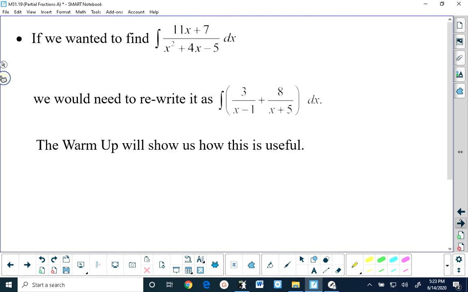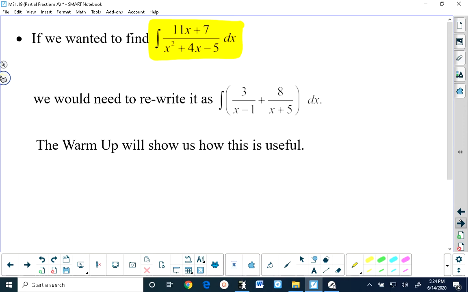So if we wanted to integrate (11x + 7) over (x² + 4x − 5), our brain looks at that and hits a brick wall. We cannot look at that and say to ourselves, oh, I know exactly what the antiderivative of that is, because it's almost impossible to formulate what you would differentiate to get that.